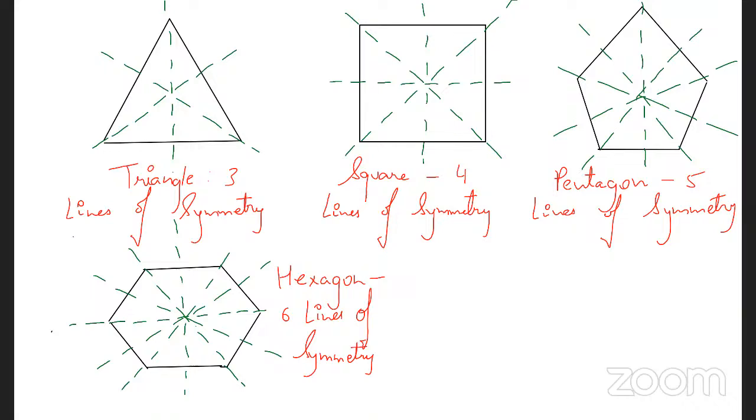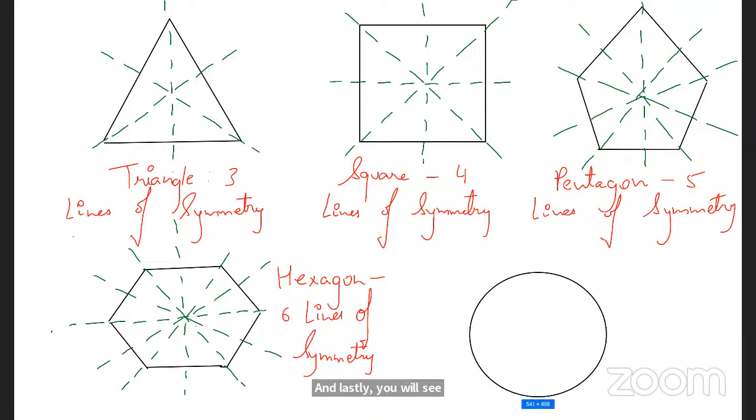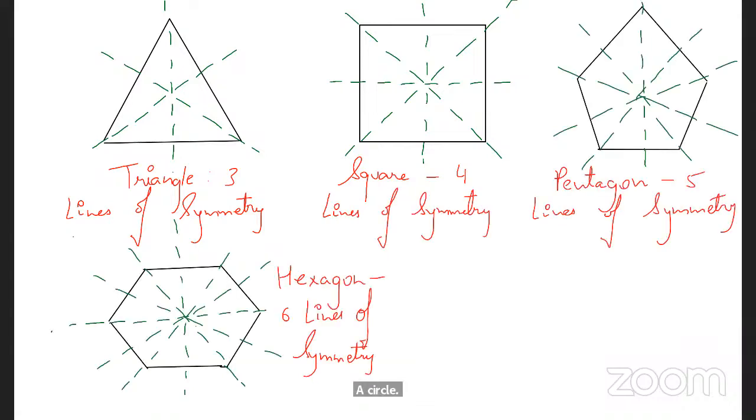And lastly, we will see our circle, which has infinite lines of symmetry.